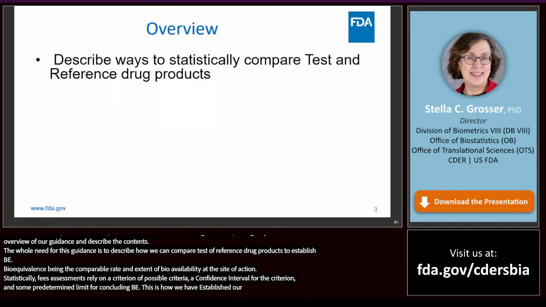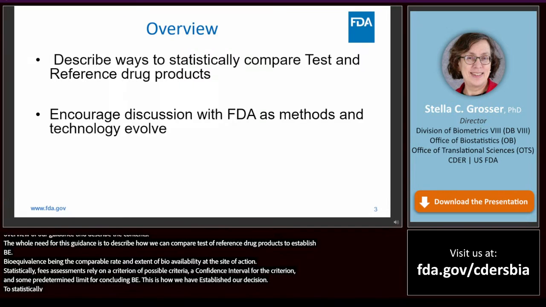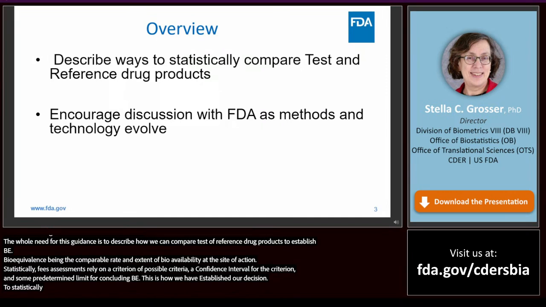So the guidance, as I said, describes ways to statistically compare test and reference drug products. It also encourages discussion with FDA as methods and technology and the science evolves.